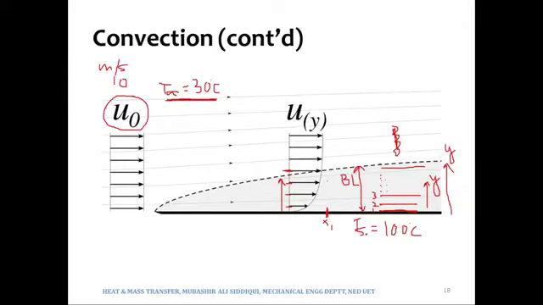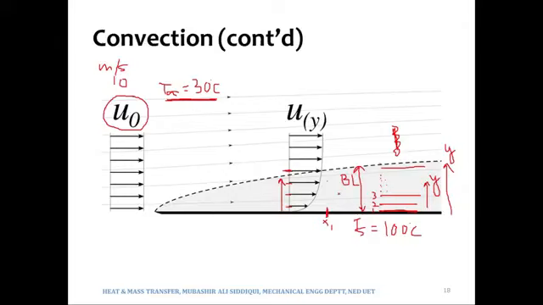Suppose that the fluid which is moving is air. Now air has a low value of K, as we were discussing in one of our previous sessions. The value of thermal conductivity for air is 0.0 something, right?